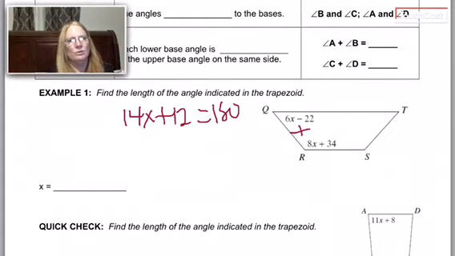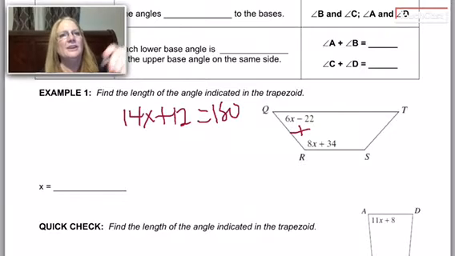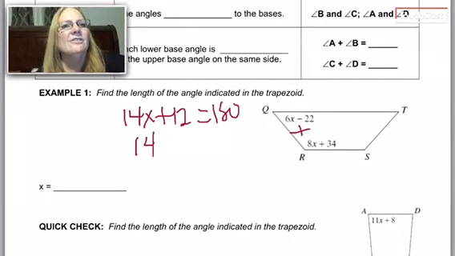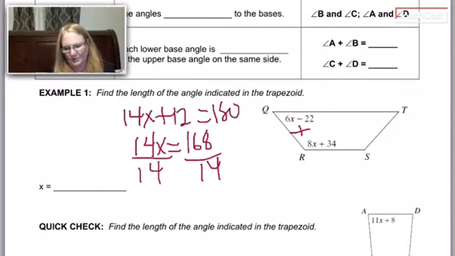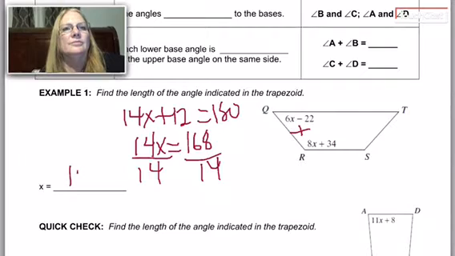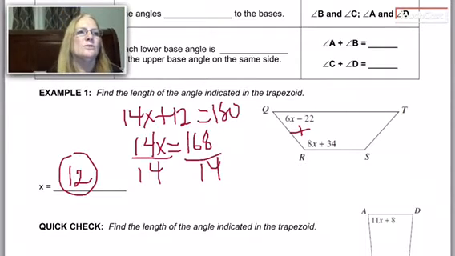If we subtract 12 from both sides, I'm going to get my calculator, because I'm going to get 14x is equal to 168, I believe. And now I am going to divide. 168 divided by 14 is 12. So x is 12.